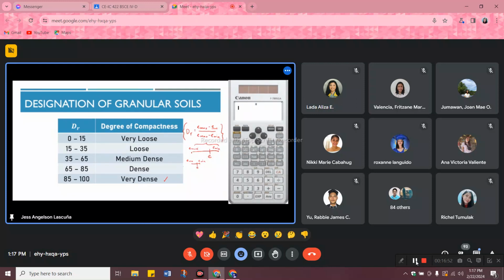So most likely your Gs here is quite large, because it is dense, meaning it is heavier. The DR is higher in the dense state than in the loose state.